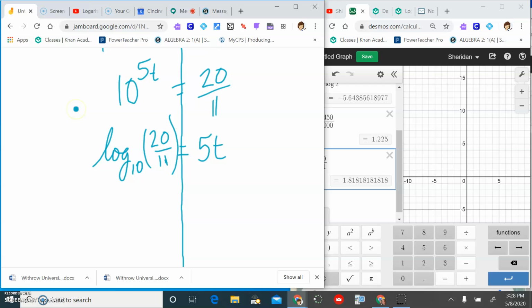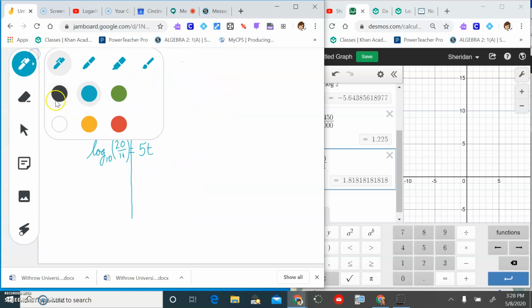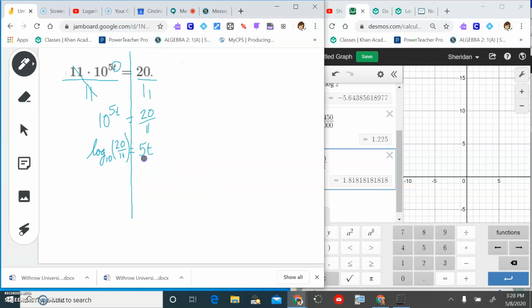And then to get that t by itself, we shall divide, because 5 is being multiplied by t. I've got to get rid of it. So now I'm going to divide. Okay, so t is by itself now.